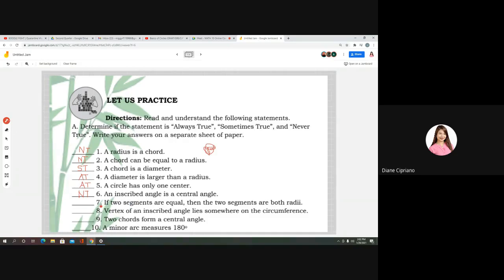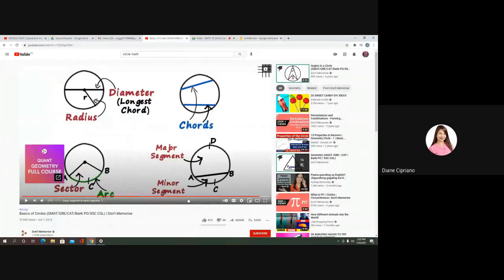Number 7, if two segments are equal, then the two segments are both radii. Ano daw? If the two segments are equal, then the two segments are both radii.